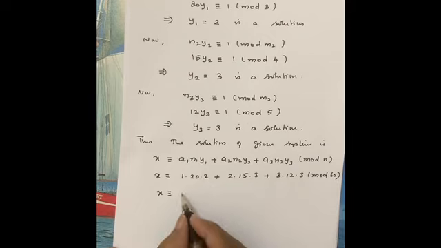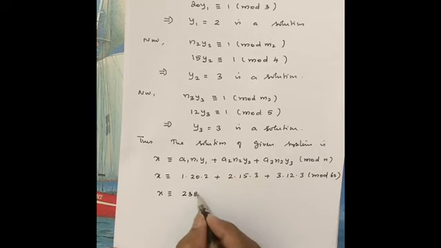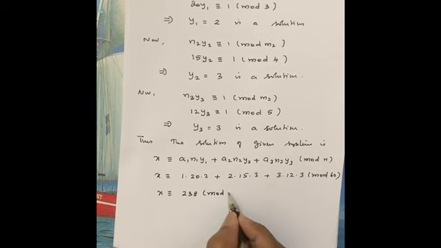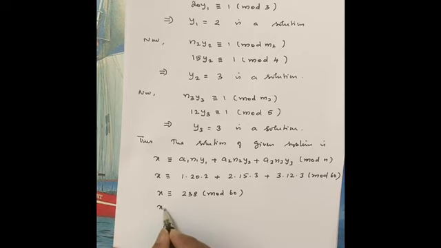Just multiply and add: 238 modulo 60. So x congruent to 238 modulo 60.